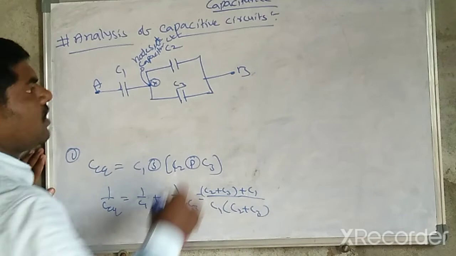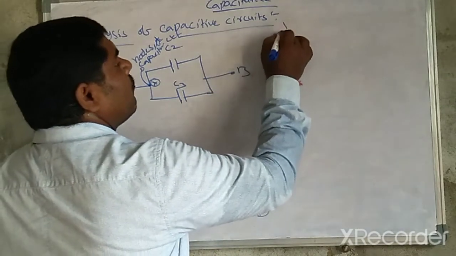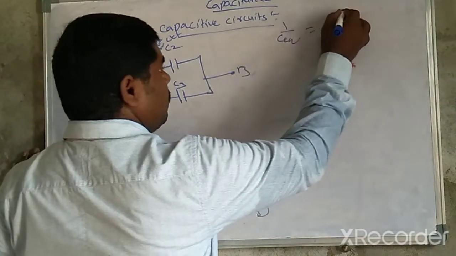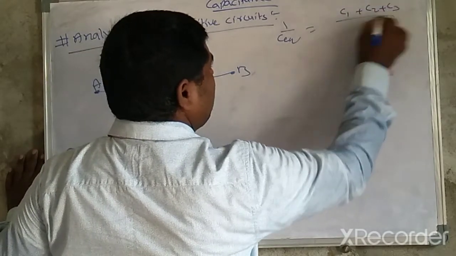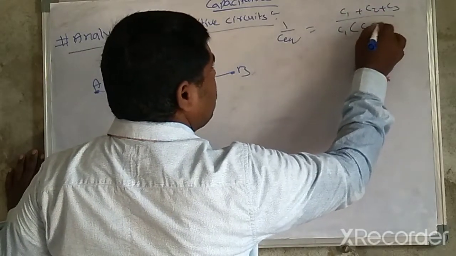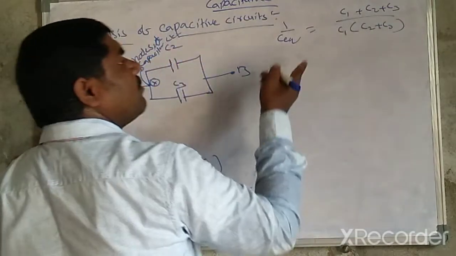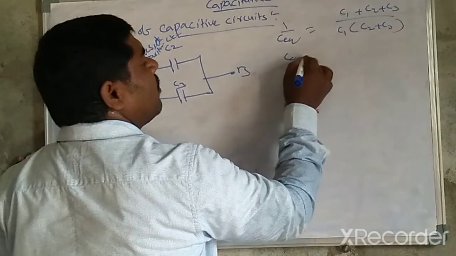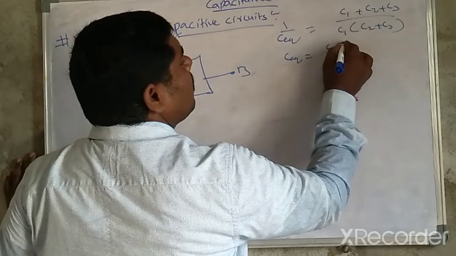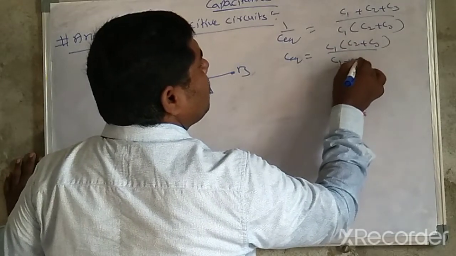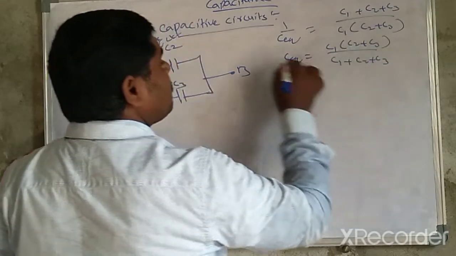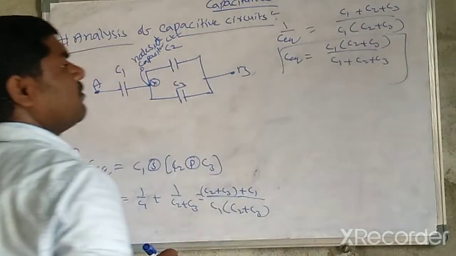So 1 by C equivalent is equal to C1 plus C2 plus C3 divided by C1 into C2 plus C3. The reciprocal of this value gives C equivalent is equal to C1 into C2 plus C3 divided by C1 plus C2 plus C3. So this is the equivalent value.